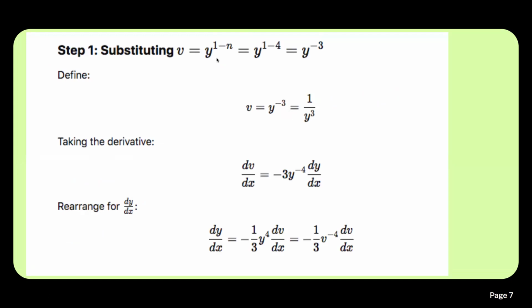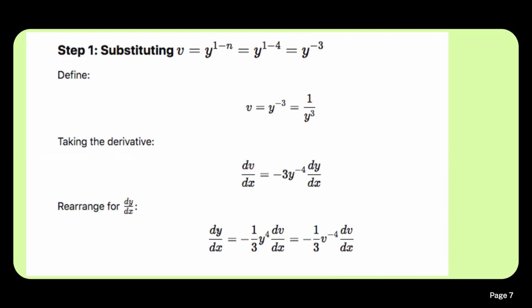So we can copy exactly what we did in the general form into this real case. We let v equals y^(1-4), that is y to the power of minus 3. Then we take the derivative: v equals 1 over y^3, so dv/dx is minus 3 y^(-4) dy/dx.